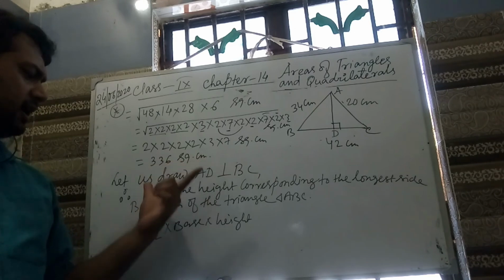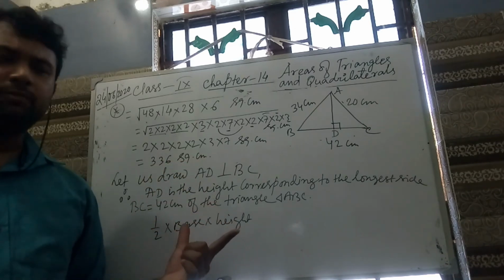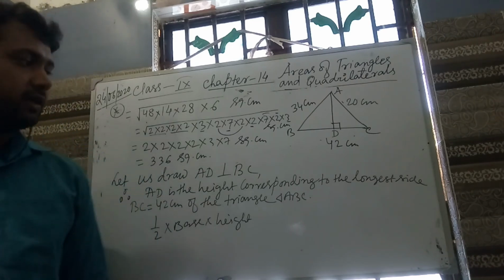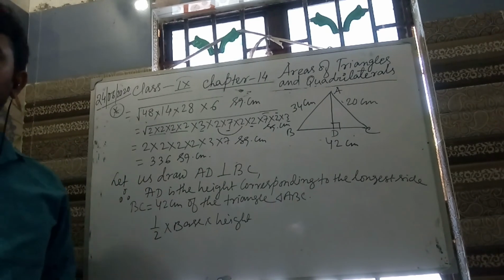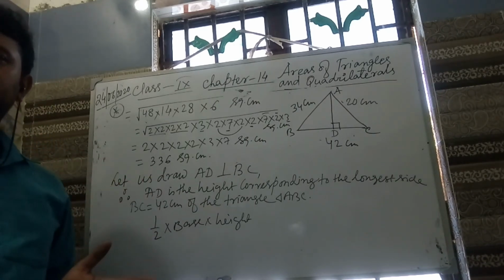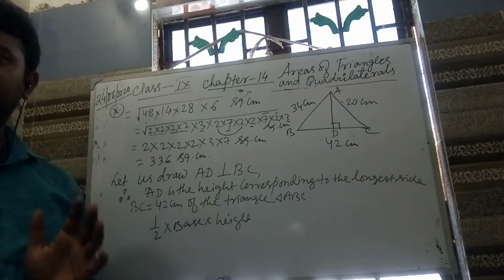So this area and this half base into height must be equal, because one particular figure must have the same area. In whatever way you are finding out the area, it must match.